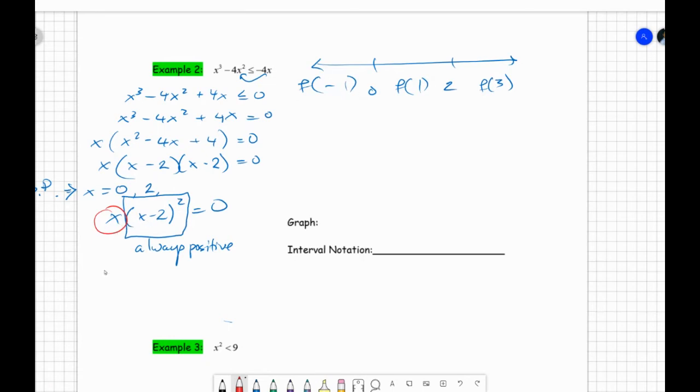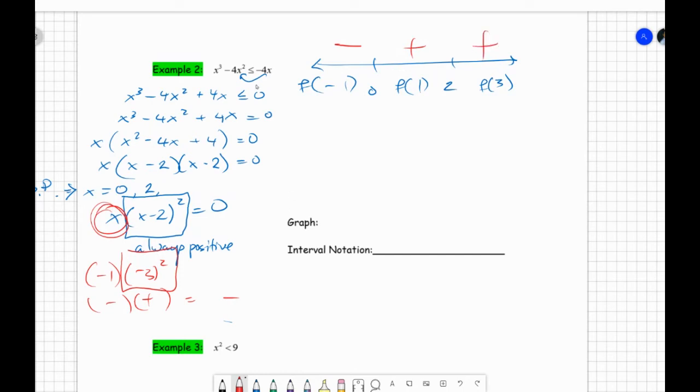So if I plug in -1 in here, I'll show you -1. -1 minus 2 is -3, but it's being squared. So this part right here is always positive. This here is negative, so that's going to give me a negative when you multiply it. So over here, I'm going to get a negative. And then when I plug in 1, that's going to be positive. It's a positive 1 when you plug in here. 3, also positive.